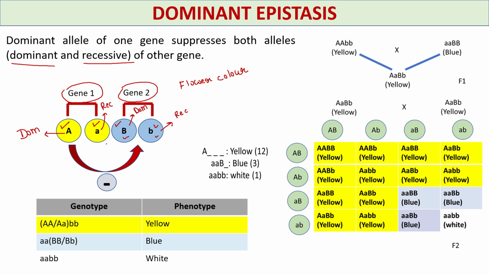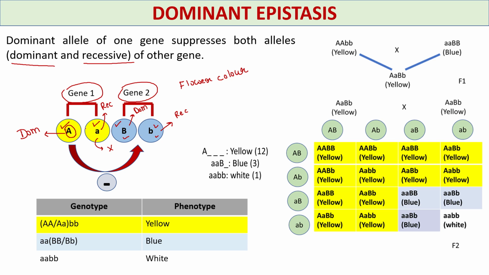Here, small a allele does not have any role because it is a recessive allele. Therefore, it is called dominant epistasis because the dominant allele of one gene, in this case capital A allele of gene 1, is masking the activity of the other gene, in this case gene 2.